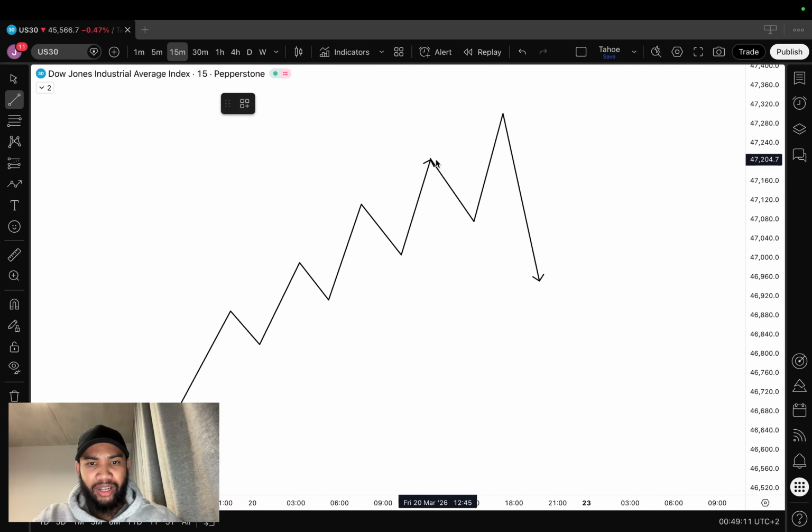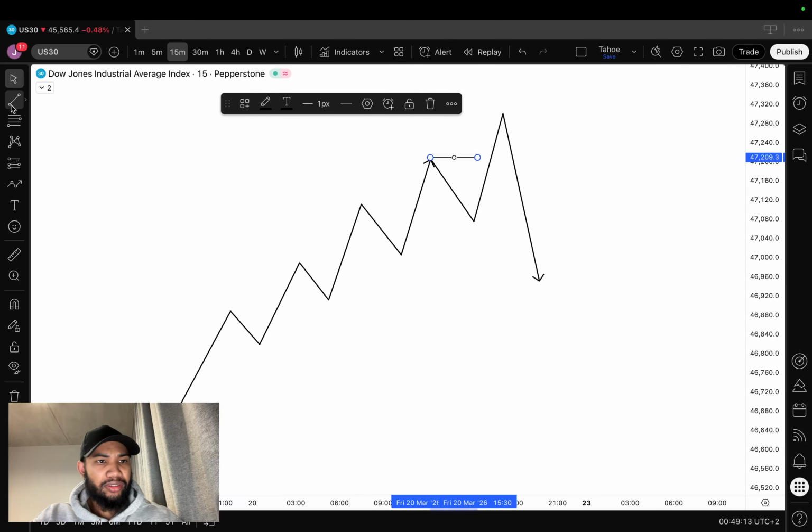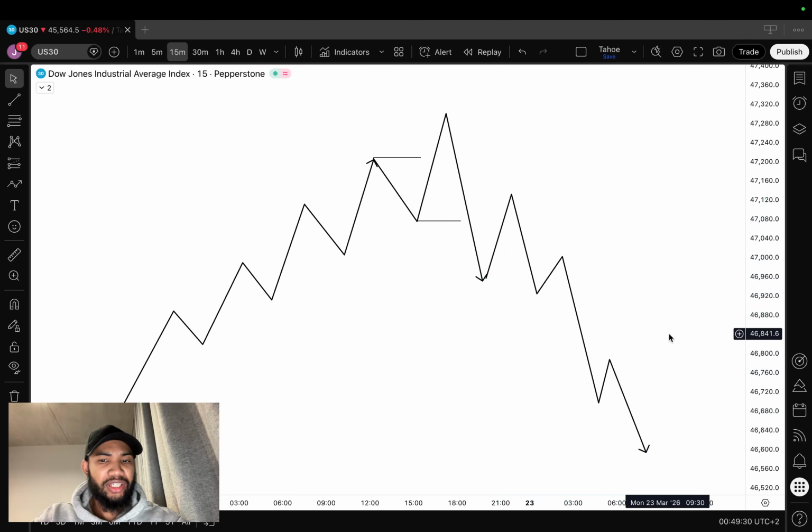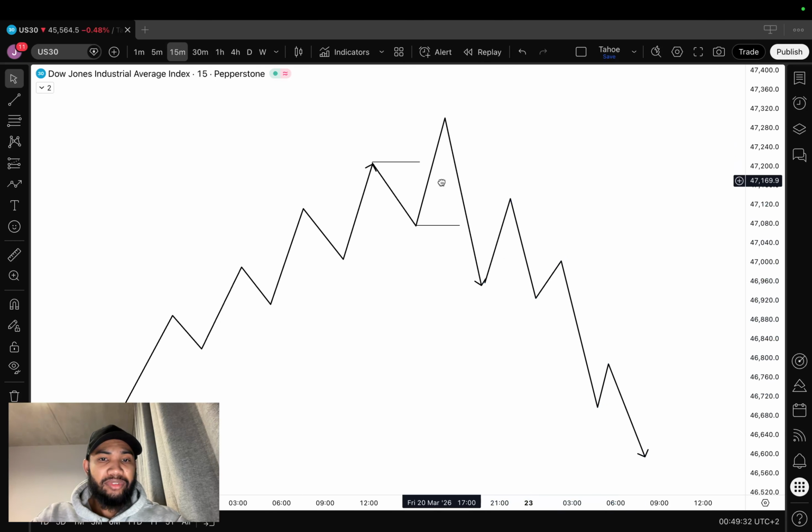So here we have a high captured and a low. Traders might wait for the market to reverse and then enter somewhere here, whether it be a supply or fair value gap, and then they will take their trade for price to continue to the downside. Now, this is fine.